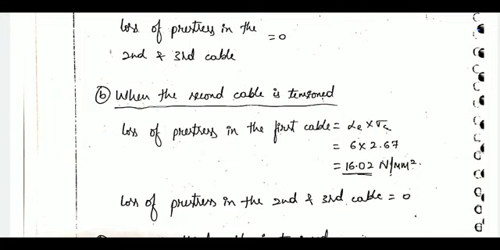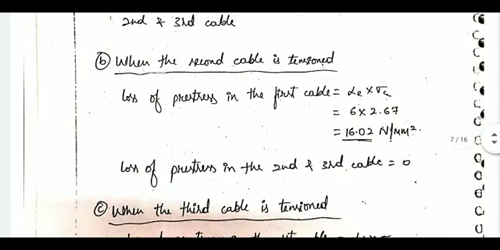For that we have the formula: modular ratio into stress. You are applying the tensile stress for the second cable, stretching it, and you have not yet touched the third cable, so there is no loss in these two cables, that is second and third. There is a loss in the first cable since you have fixed it, and there is no loss in the second cable since you are pulling it, and the third cable you have not yet touched.